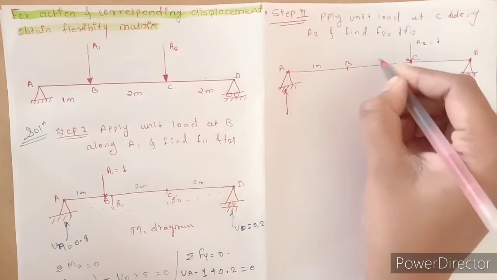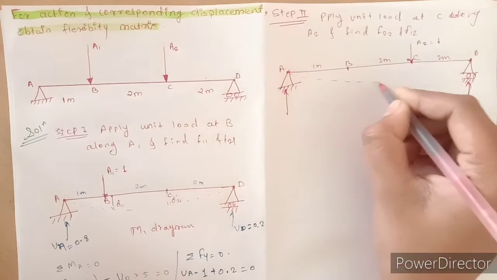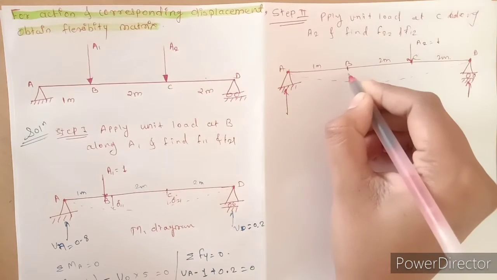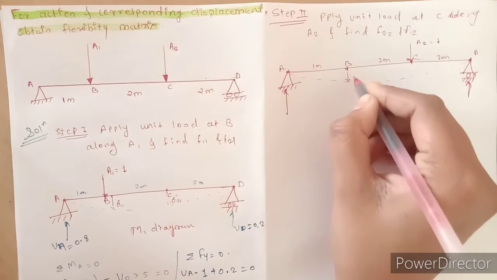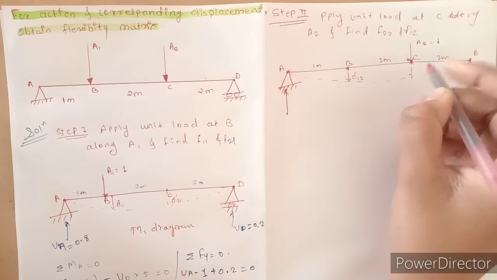Here the spans are 1 meter, 2 meter, 2 meter. From this we find the deflection at point B and at point C.